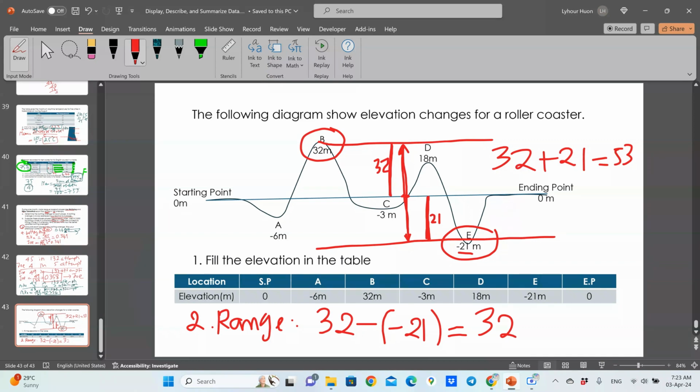How about negative with negative? Negative number with negative numbers is positive. I think we studied this in integers. So negative with negative is positive 21. So mathematically also proves that it's 53. So in order to find the range, we take the largest value, subtract the smallest value. We still get 53 meters.